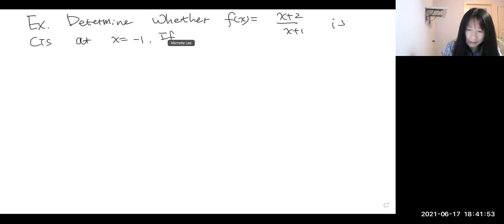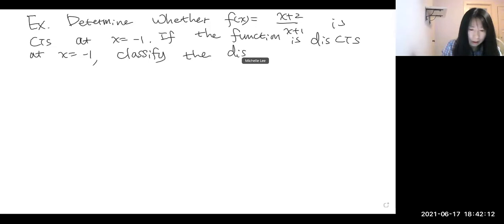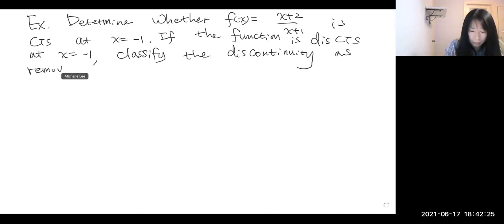If the function is discontinuous at x = -1, then classify the discontinuity as one of 3 types, right? Removable, jump, or infinity.